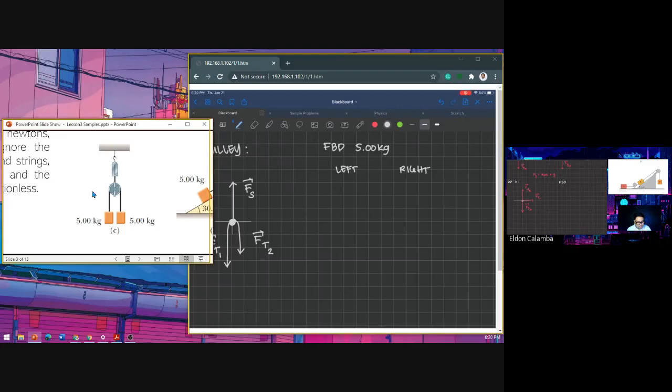So you have the point particle. You have FT1. You have FT. Let's have that as A. And then FT2.